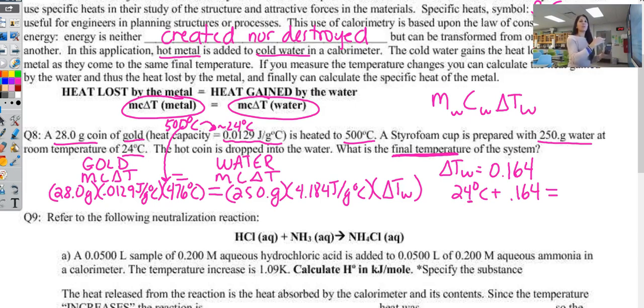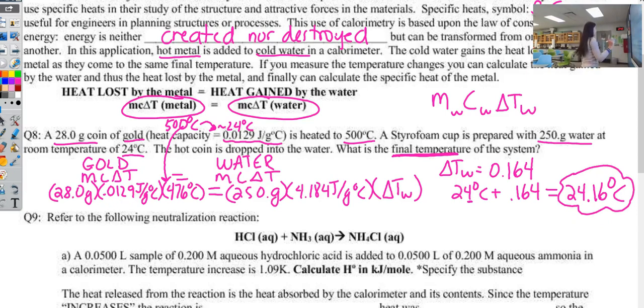Usually what they would do in a problem like this is say that room temperature is 24.00 or something like that, okay? And so if it were 24.00, then we would say that our final answer is 24.16 degrees Celsius. Again, what I want you to notice here is that the temperature did not change very much.